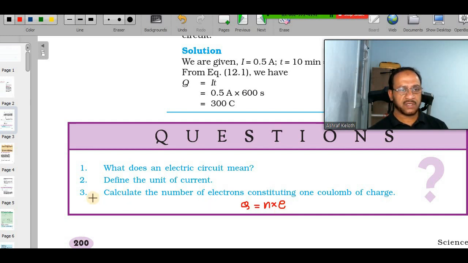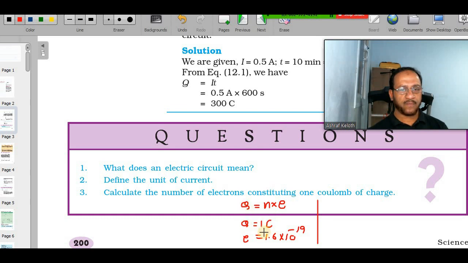So in this question, question number 3, calculate the number of electrons constituting 1 coulomb of charge. Here Q is equal to 1 coulomb. And E, we know it is a constant, it is the charge of 1 electron, that is 1.6 into 10 raised to minus 19 coulomb. Then in this equation, Q equal to N into E, what is the Q value here?